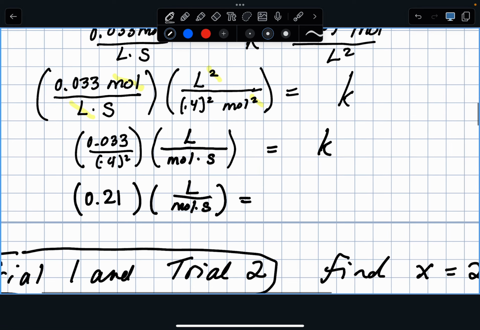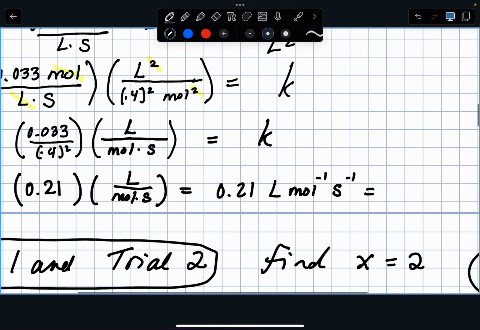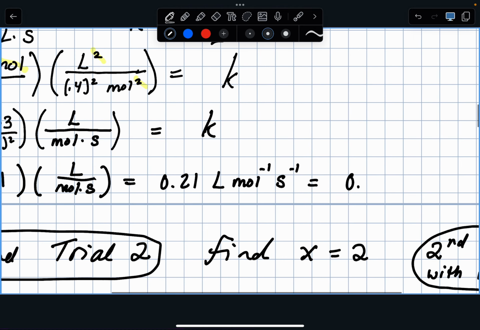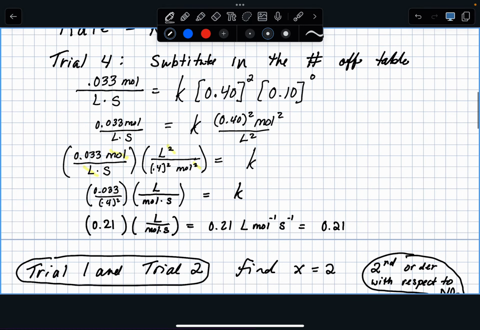Now, the other thing you can do is write this as 0.21 liters mole to the -1 second to the -1. And then you might also see that somebody may take this and just say it's 0.21 molarity -1, meaning the inverse of molarity, and then per second, seconds to the -1.